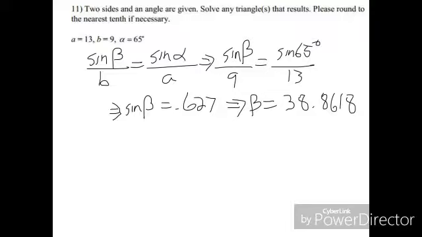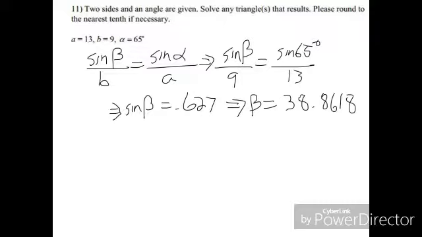We now have beta. Now, could this beta also be, and this is, are you in a two triangle situation, if I take 180 minus beta, I get 141.